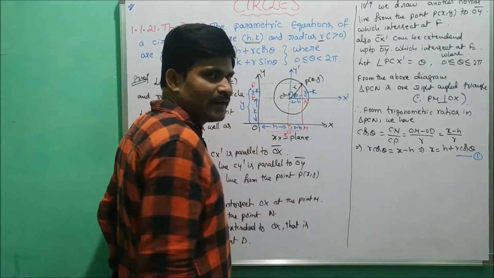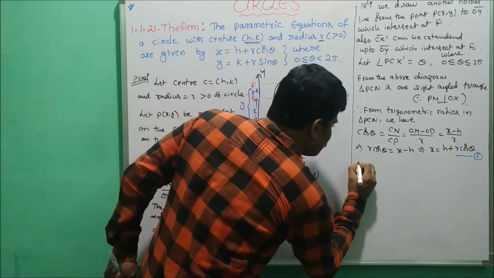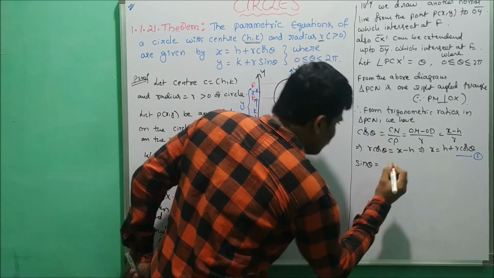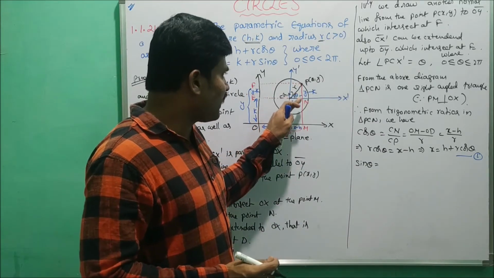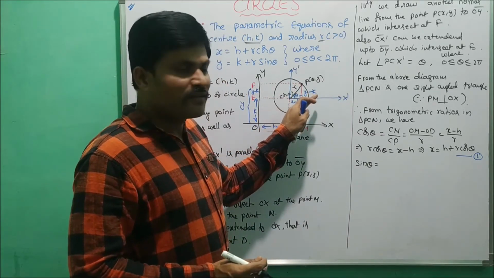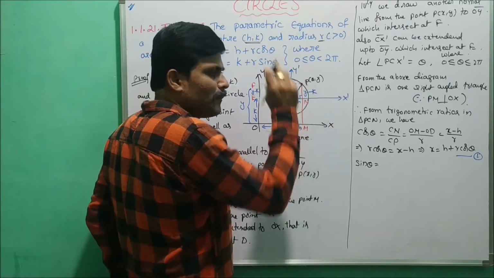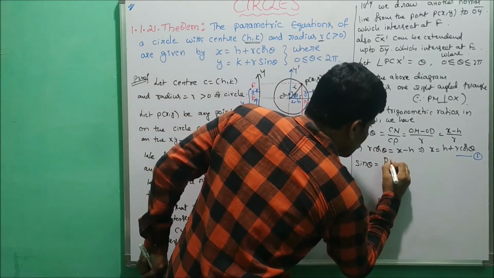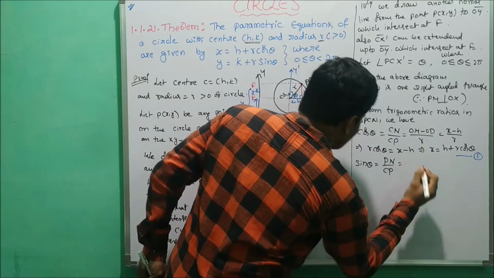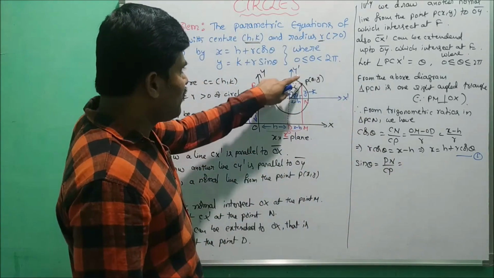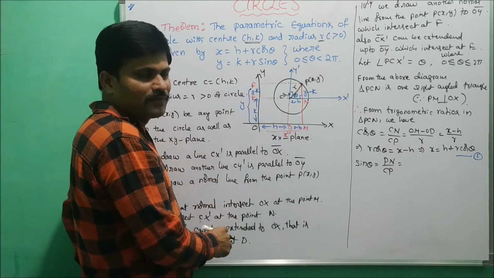Similarly, in the same triangle, we take sin theta, another trigonometric ratio. The definition of sin theta is opposite side to theta by hypotenuse. Here opposite side is PN, hypotenuse is CP. Clearly PN is equal to EF or FE.